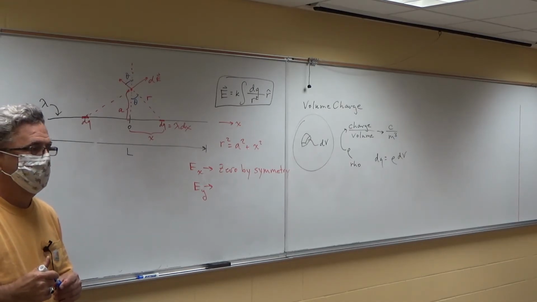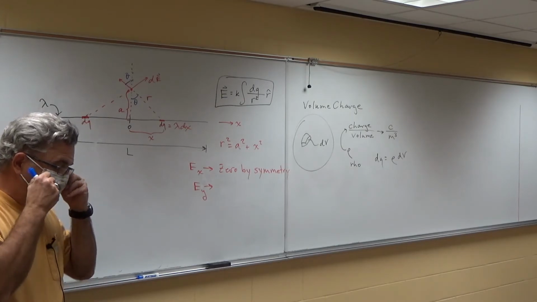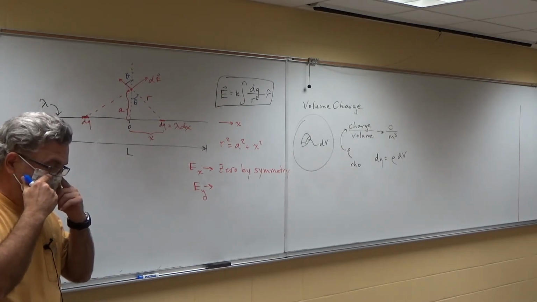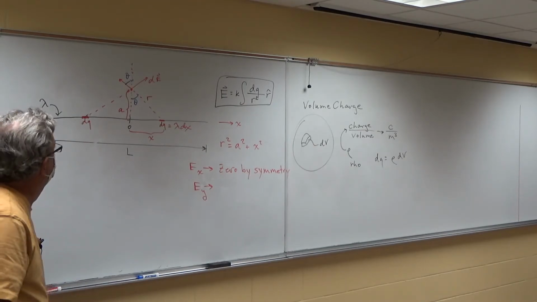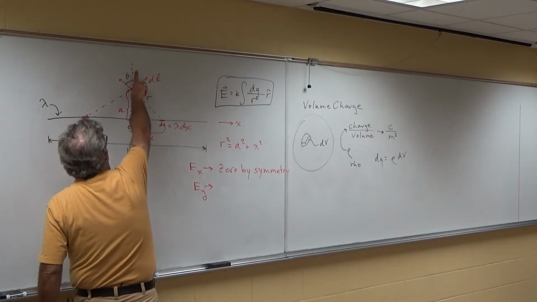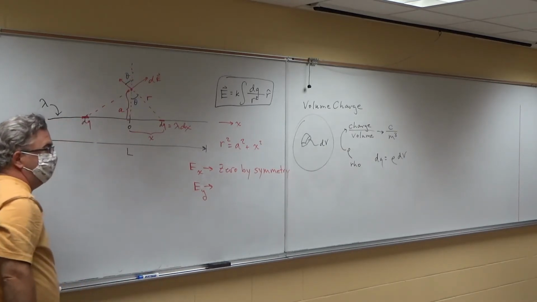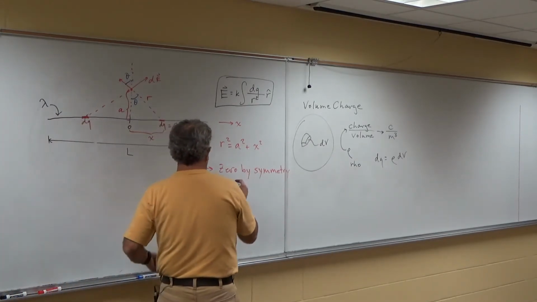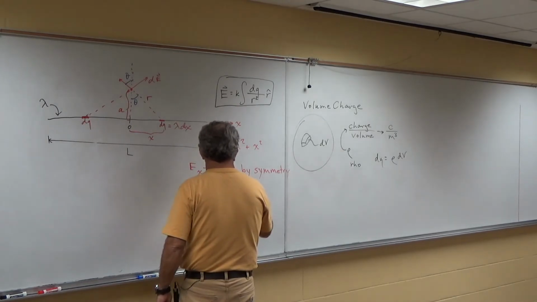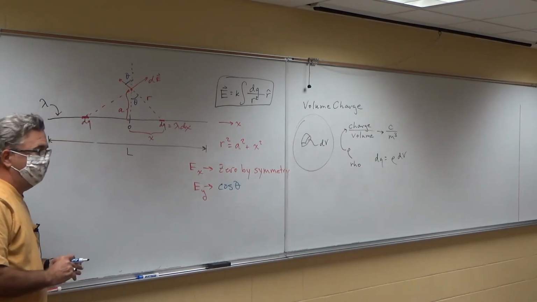It also makes this angle theta. So for EY, we need cosine theta, right? That's the Y direction. Need the adjacent component to theta. So for EY, I need cosine theta for that component of E in the Y direction.